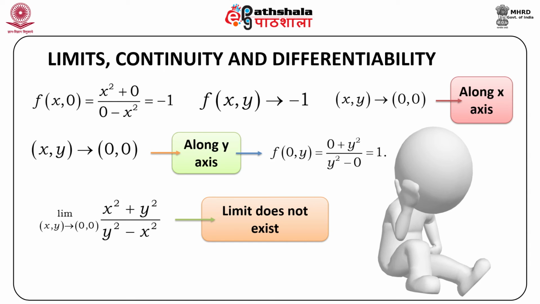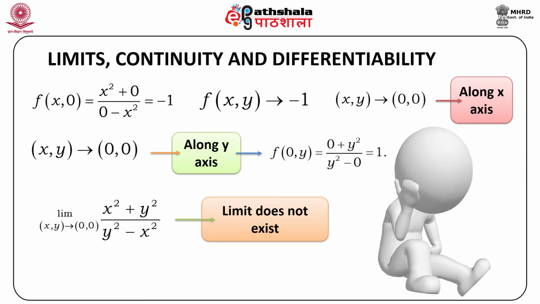That is, f(x,y) tends to minus 1 as (x,y) tends to (0,0) along the x-axis. Similarly, as (x,y) tends to (0,0) along the y-axis, then f(0,y) is equal to (0 plus y square) upon (y square minus 0), which is equal to 1.